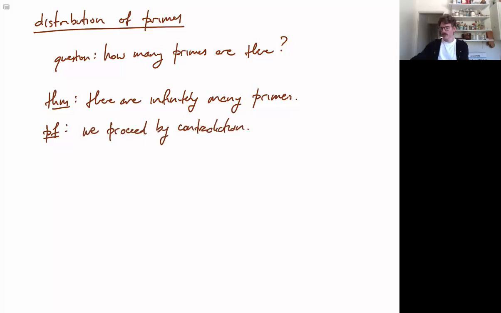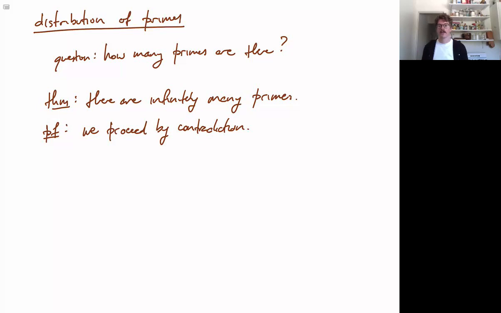And actually, let me just, off the top of my head, make some remarks about proof writing. If you want to show there's infinitely many primes, maybe working by contradiction is a reasonable thing to try, because that gives you something that you can write down concretely, which is a finite list of prime numbers.